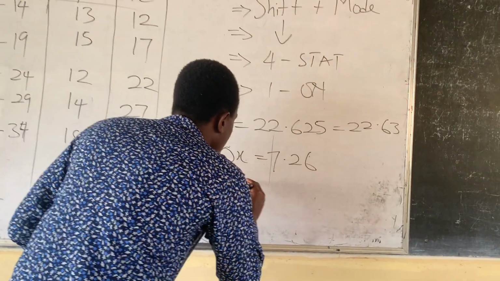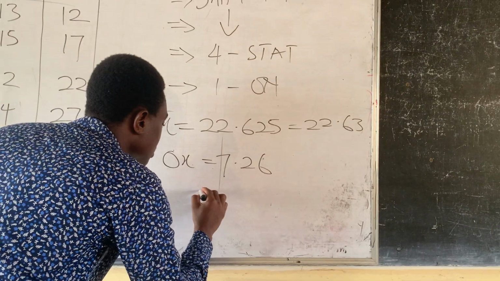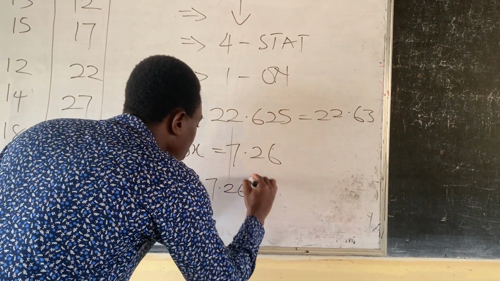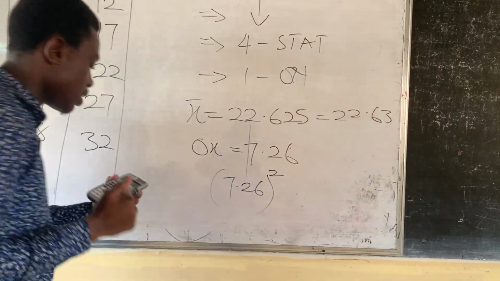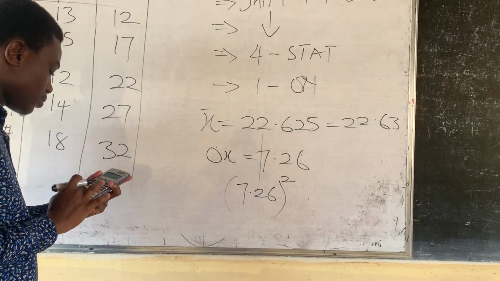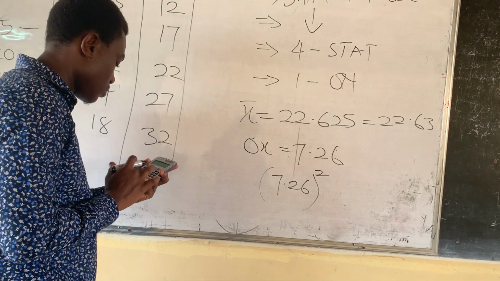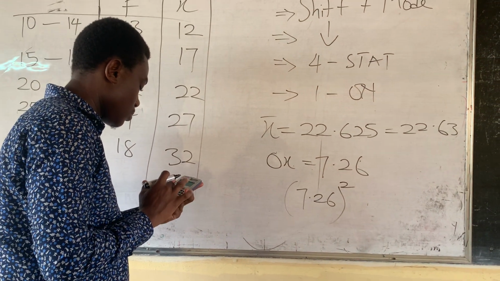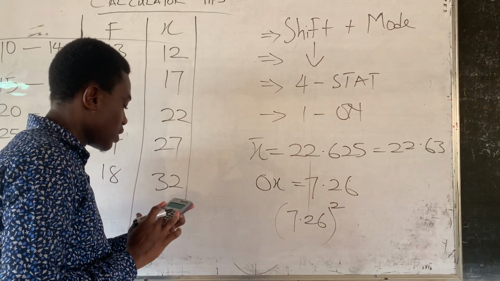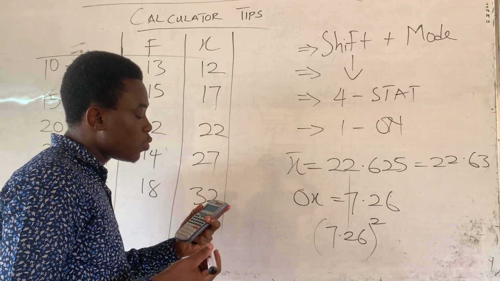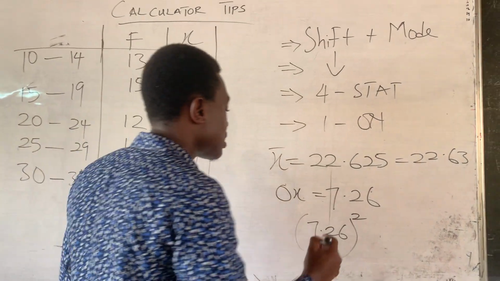We have our 7.26 to be our standard deviation. So 7.26 all squared gives us 52.7076.